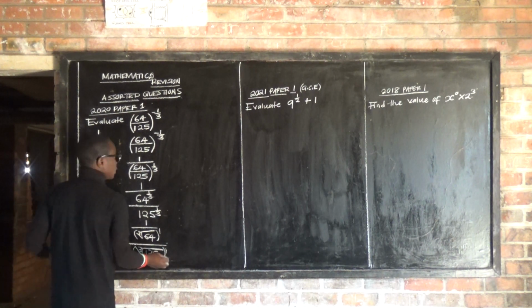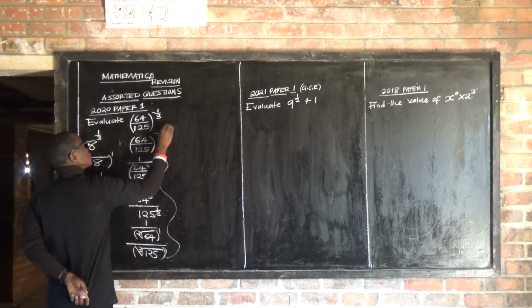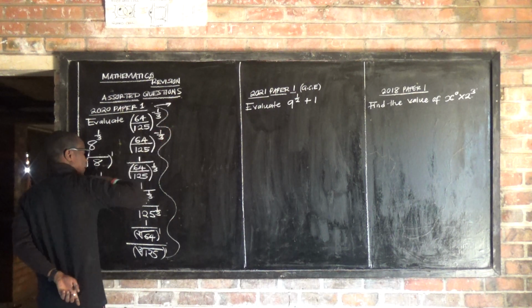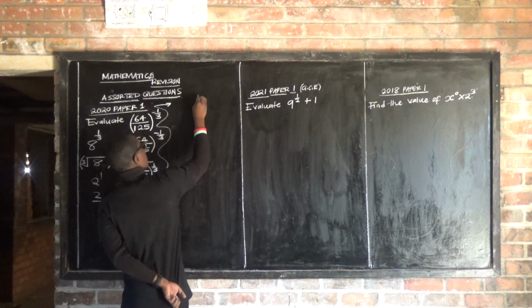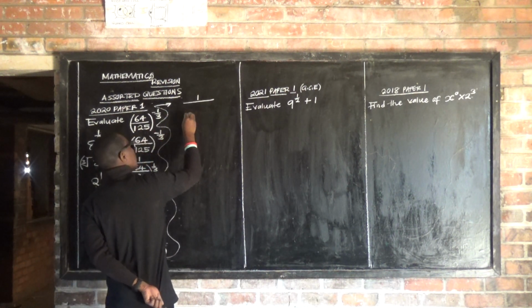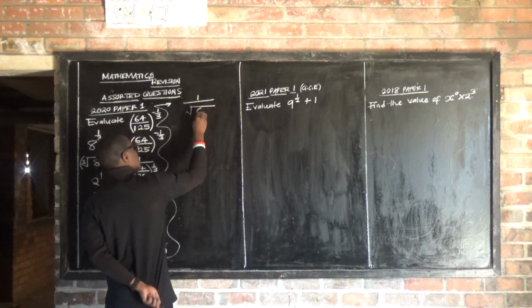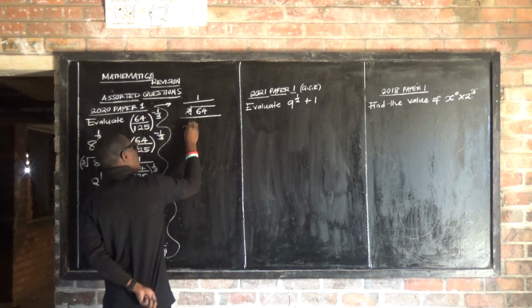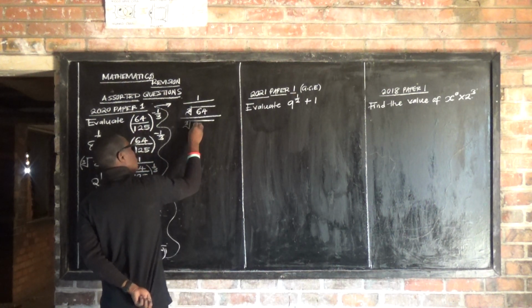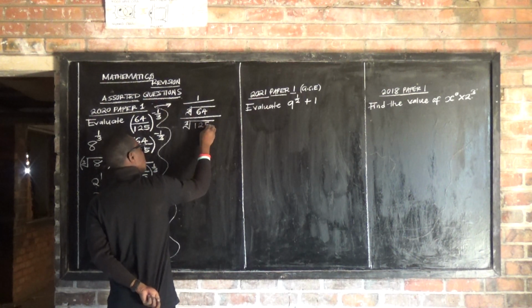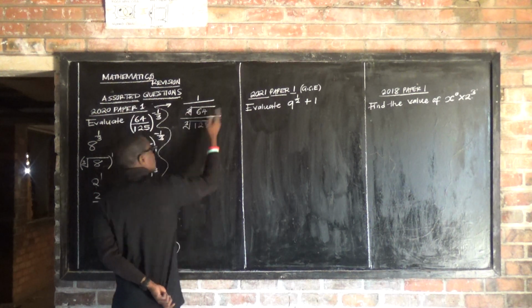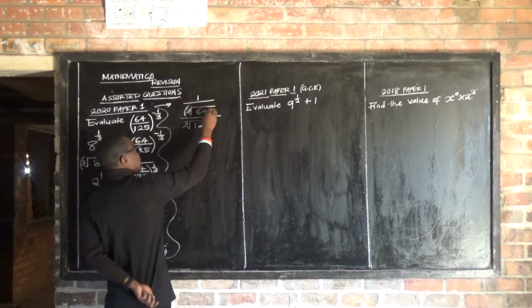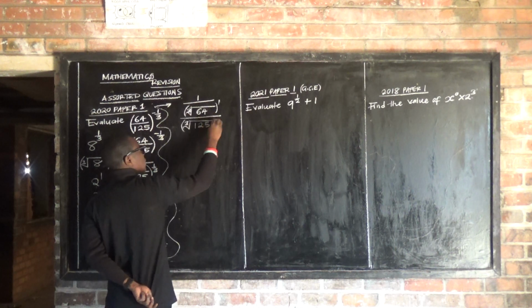Okay, let me write on this side, due to space. So we have this equation: 1 over the cube root of 64 over the cube root of 125. Raised to the power 1 has no effect, right?